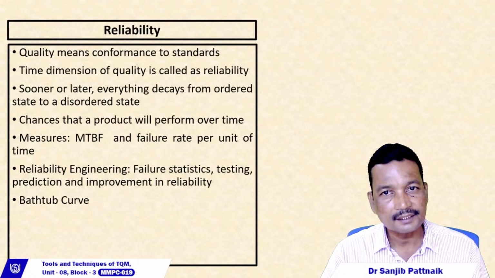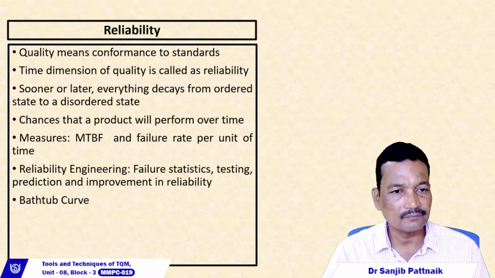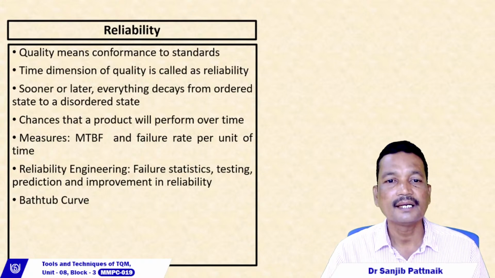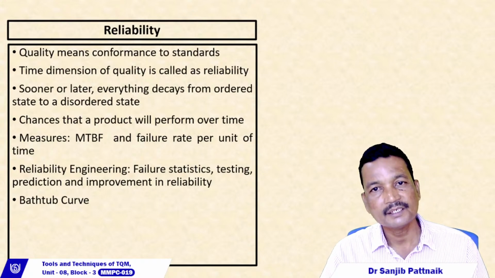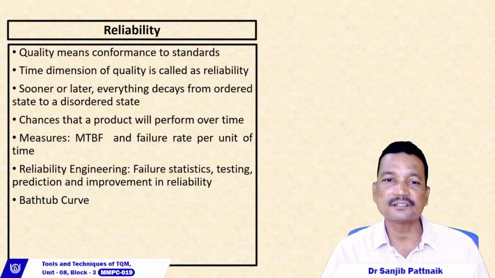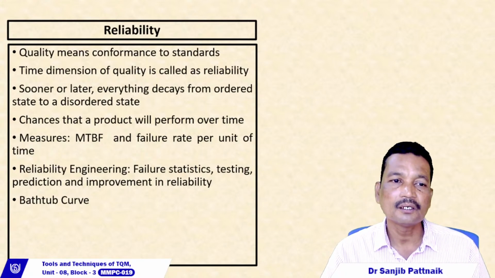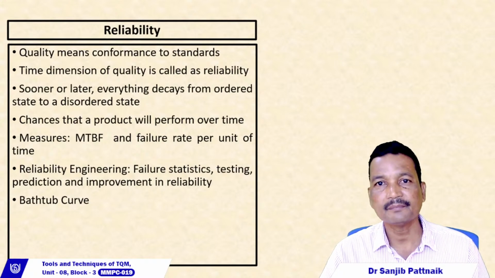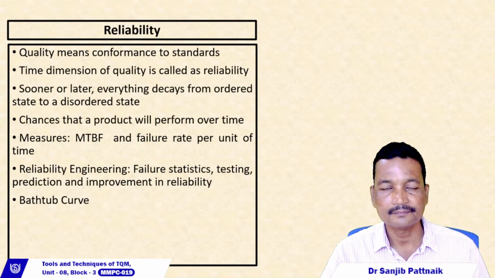So when we say reliability, we try to define it also as the chances that a product will perform its desired functions over time. That means the time frame is its life period.